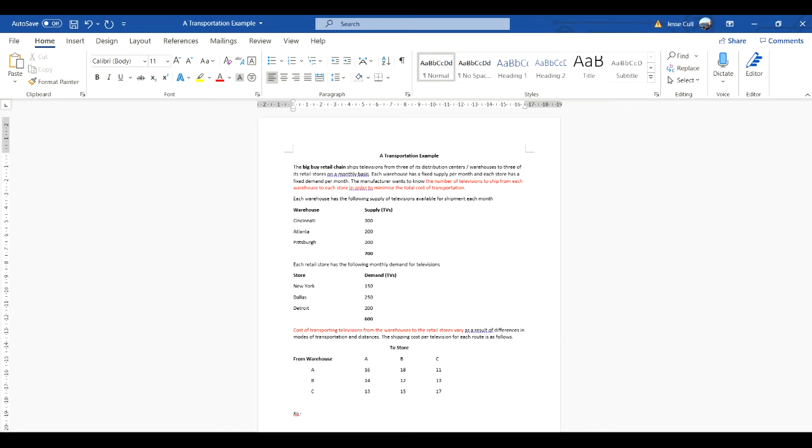Xij is very simply the number of televisions from warehouse i to store j. That seems a little complicated right now, but hopefully in a minute it becomes a little more clear.